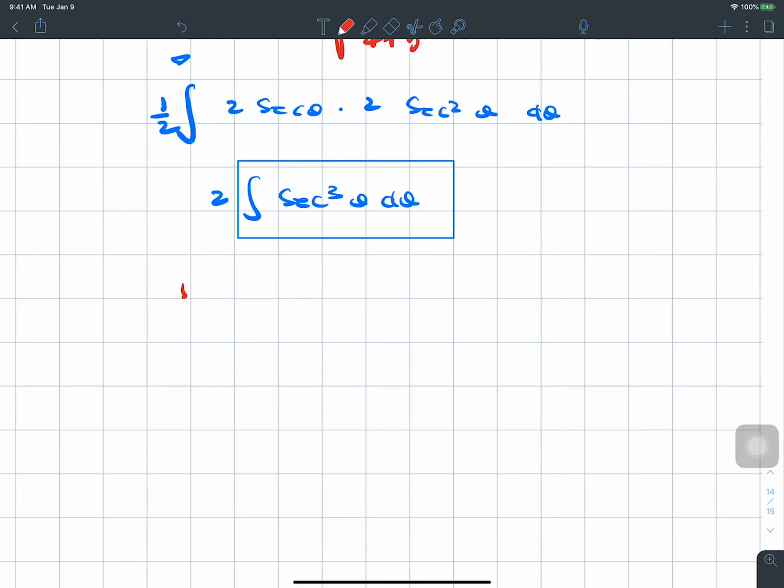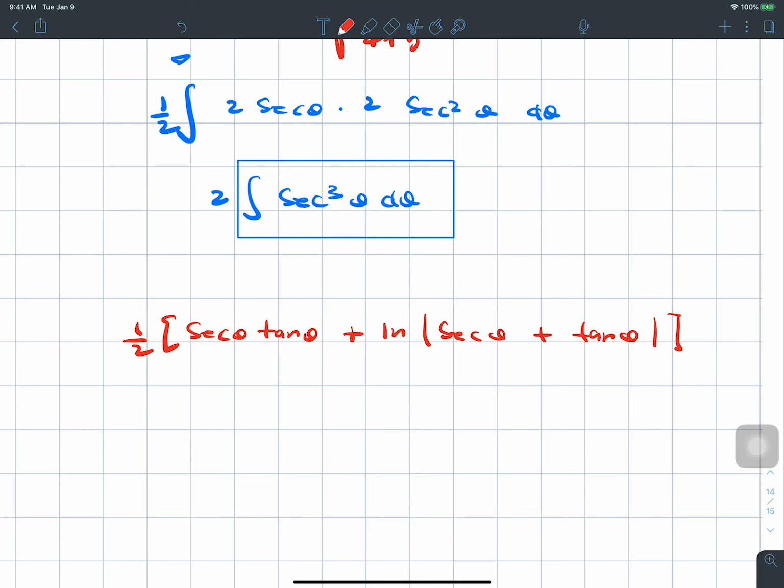Well, if you guys remember, this is 1/2 secant theta tangent theta plus natural log, absolute value, secant theta plus tangent theta.